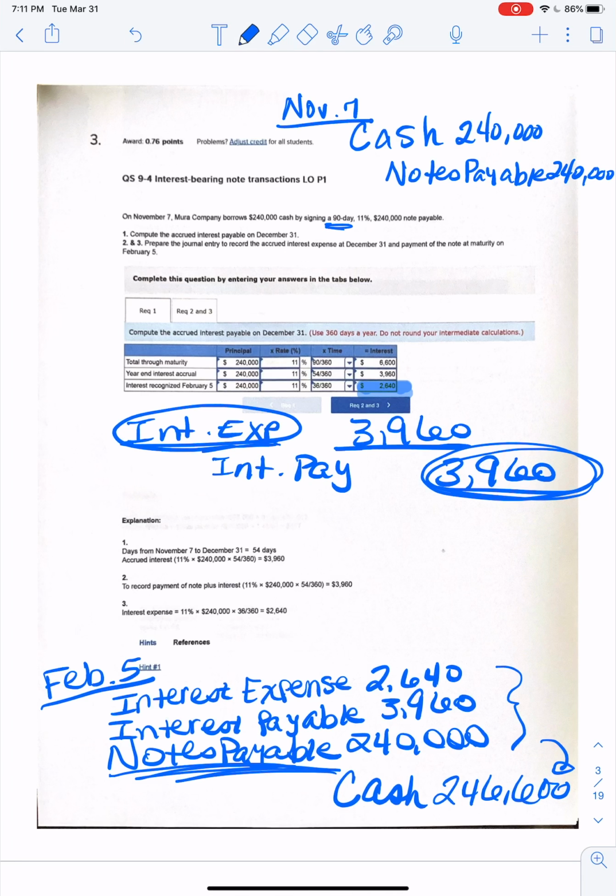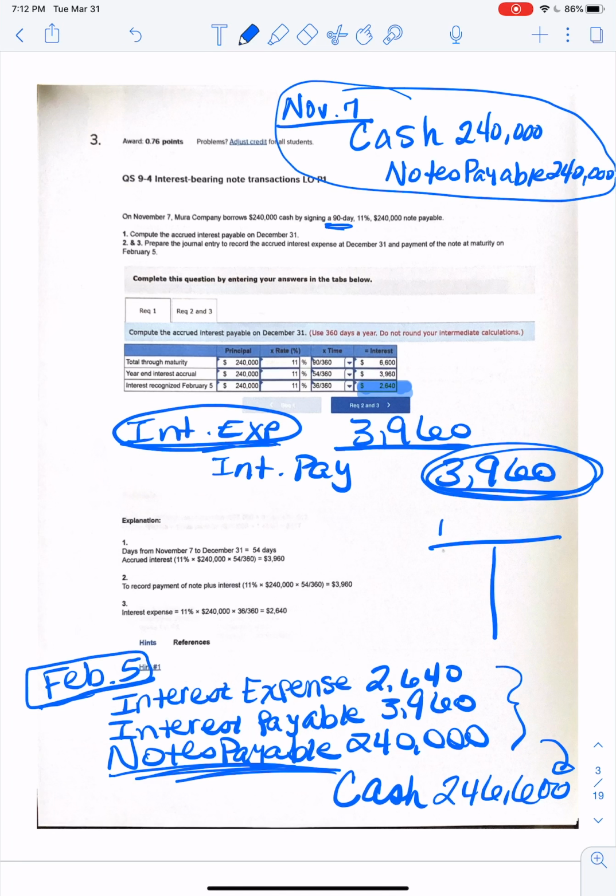So we know this is a current liability on the balance sheet. So this is the entry I would have made on November the 7th. Now, when this is actually due, we turn around on February the 5th, what we see is the clearing out of that notes payable account. And that might be a little bit more clear if we see it in a T account.